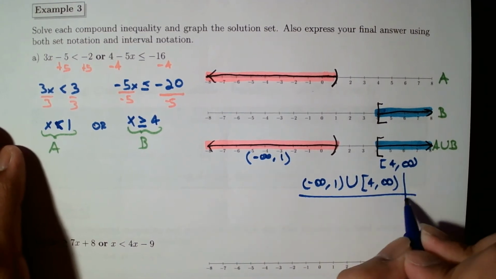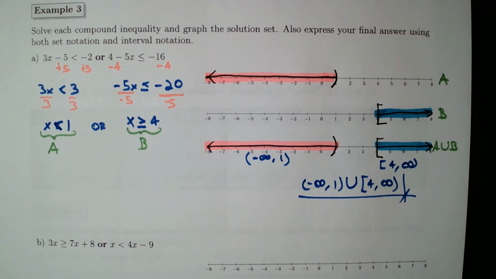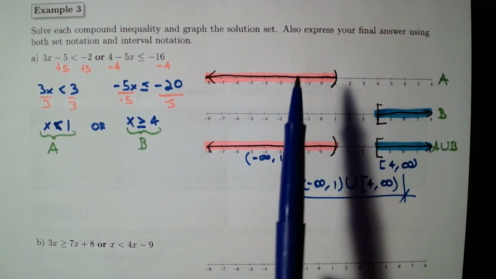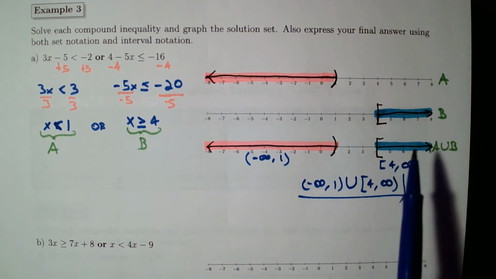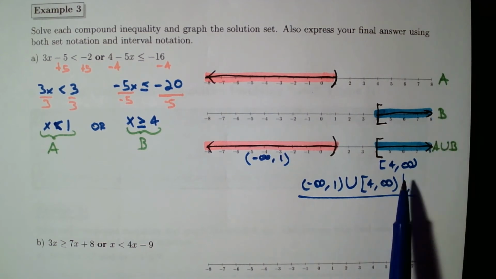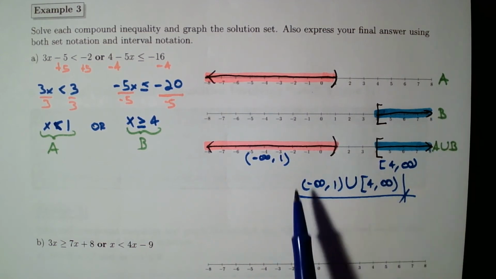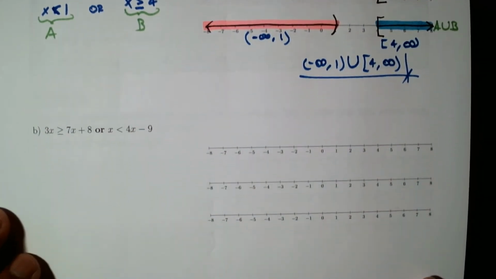And that's the final answer. So when you do the homework for this, what you will most likely be asked for is some kind of multiple choice with a union of the two sets, and then type this in a blank space. Let's do another example.